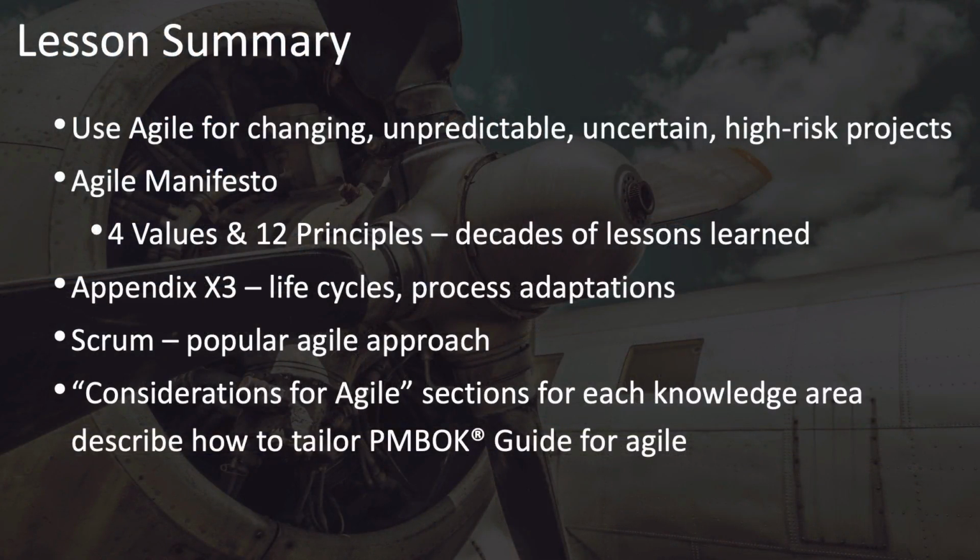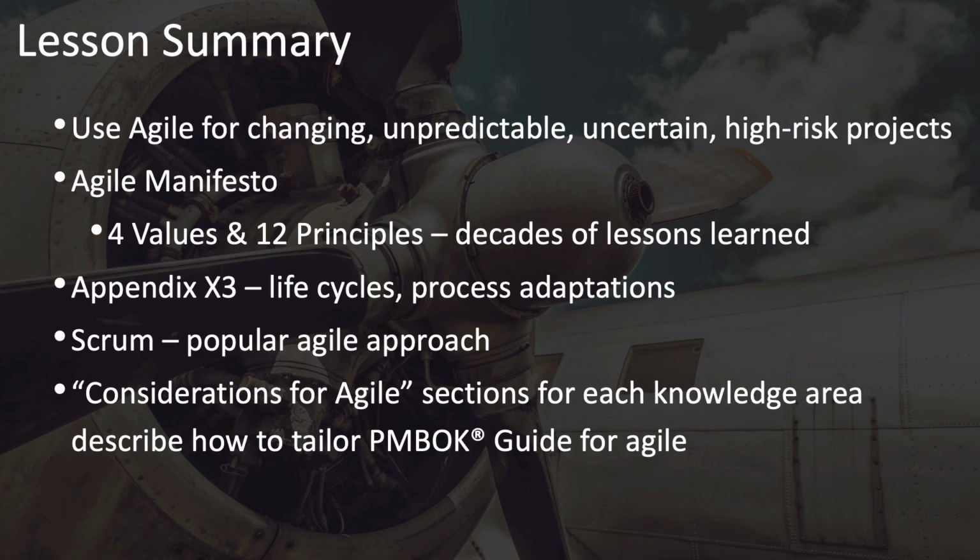Things to remember include that Agile is useful for projects that are changing, unpredictable, uncertain, or high risk, that the Agile Manifesto's 4 values and 12 principles represent decades of lessons learned and are the foundation of many Agile approaches.